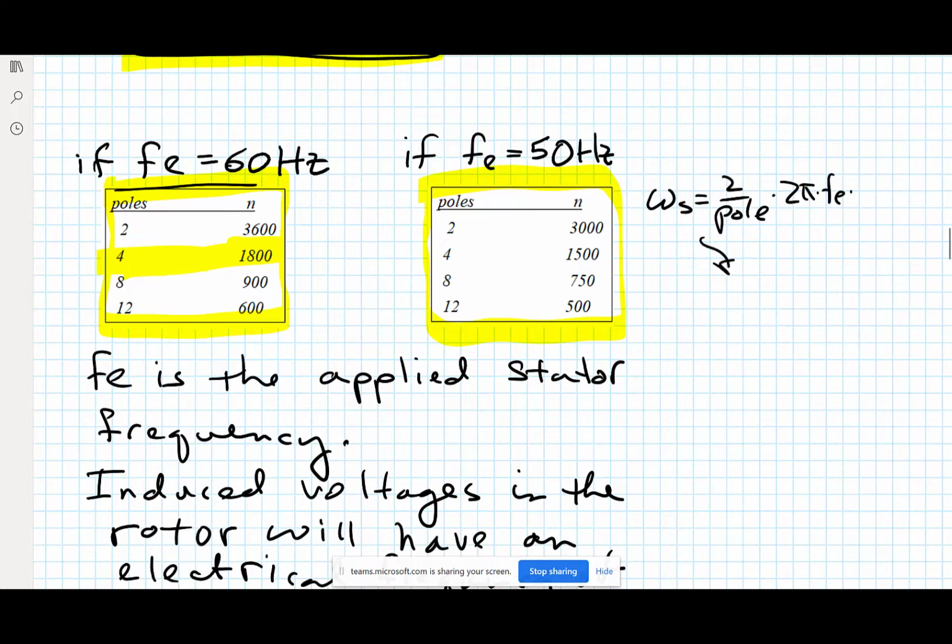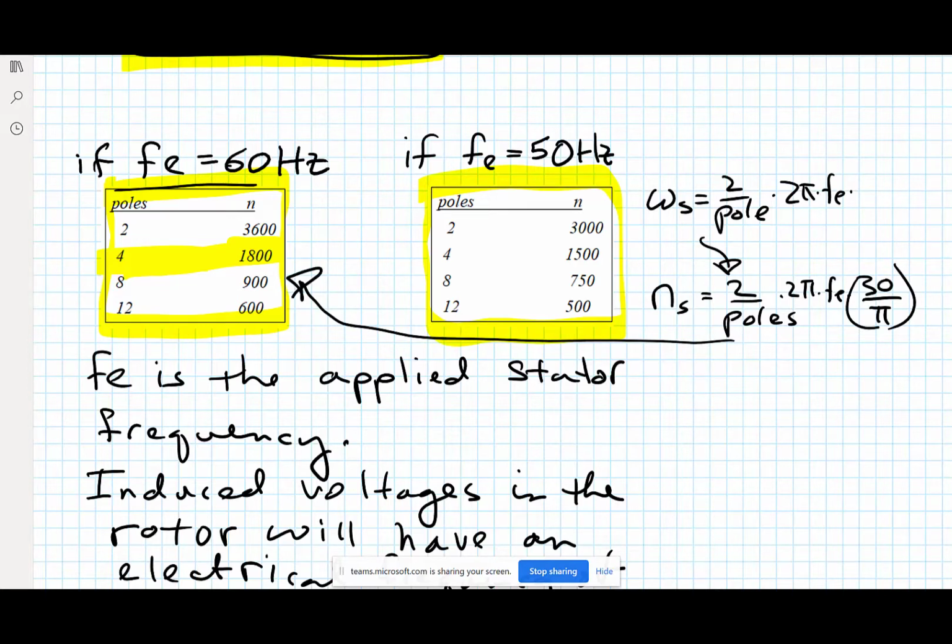And then if you want to find that speed in RPM, it would be 2 over poles, 2 pi Fe, and then we have this 30 over pi conversion factor here. That's how you get this. And this should say N sub S. So that's the synchronous speed.